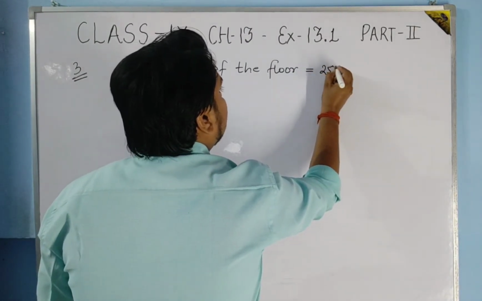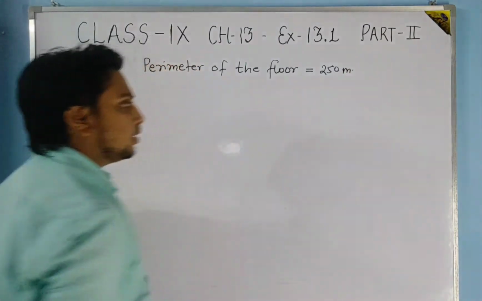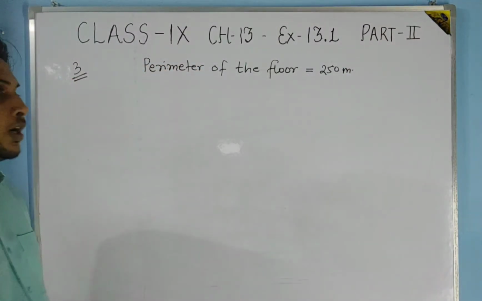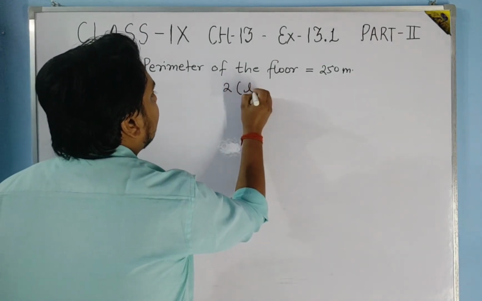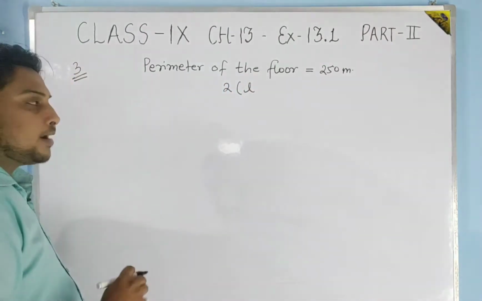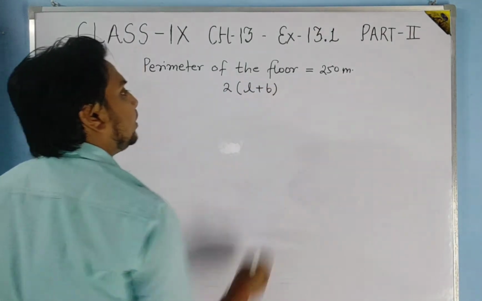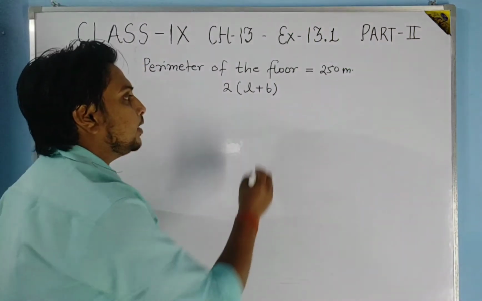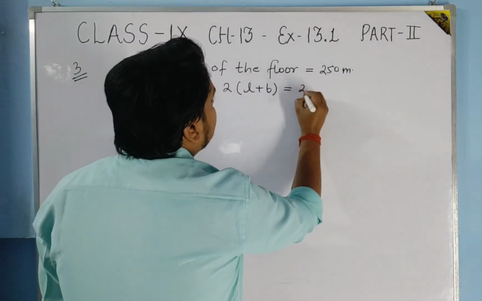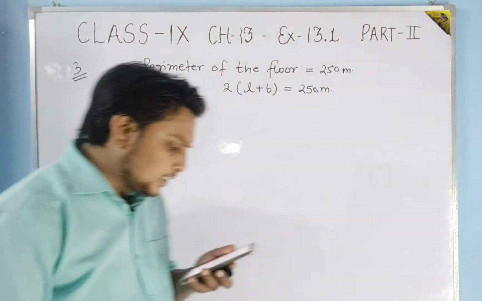So students, what will be the formula for perimeter if a rectangular hall is there? We know very well the rectangular surface will have the perimeter 2 into (L plus B). It is the formula for the perimeter of the rectangle, 2 into (L plus B), and it is given as 250 meter. What else is given in the question?